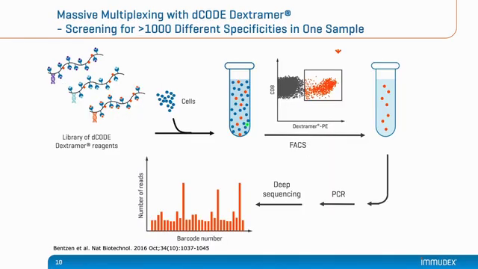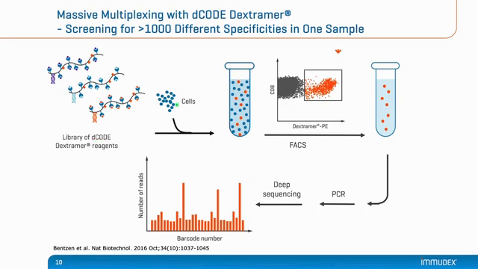One way of doing this initial step of finding the right epitope is illustrated here. Here we've taken MHC multimers with different specificities. We've attached DNA barcodes to each of them, and we've then created a library of different reagents that we can pool. This library of reagents, in the context of Immudex, is called TCR Dextramer reagents.